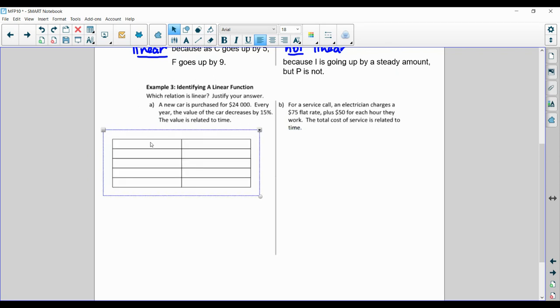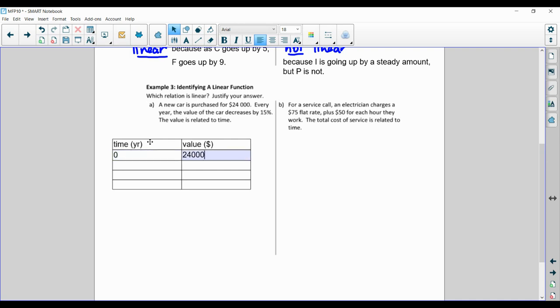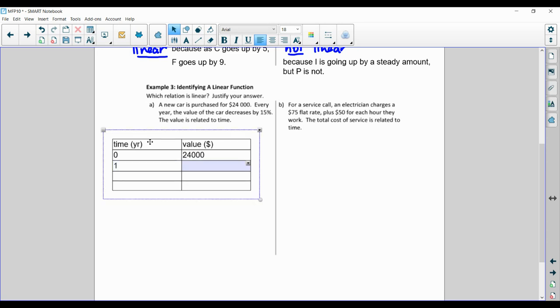There we go. Okay, so this one here we have time, and this would be time in years. It talks about the value changing every year. This one would be the value of the car, and that would be in dollars. So at 0 years, the car was worth 24,000. The next year, it had lost 15%. So we have to do a little bit of calculating there. That means it's only worth 85% of its value.